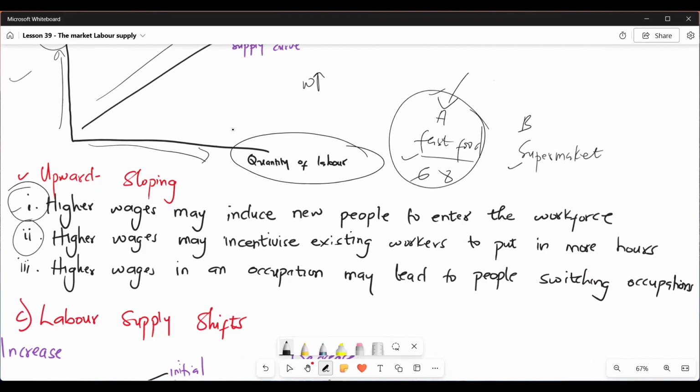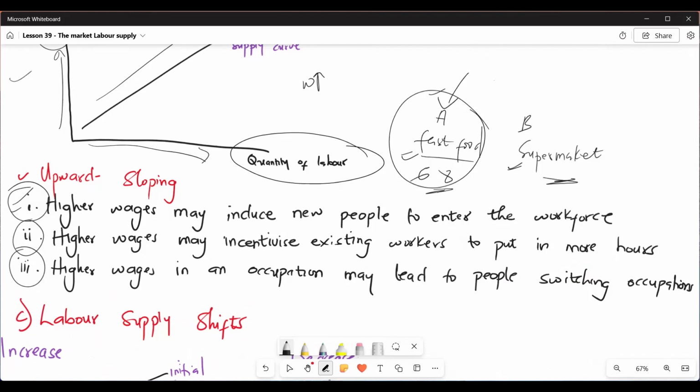So we have the first as people entering the market, and then existing workers in that market also increasing their labor supply. The third reason why the labor supply curve can be upward sloping is that higher wages in a particular occupation or industry may lead to people switching occupations.